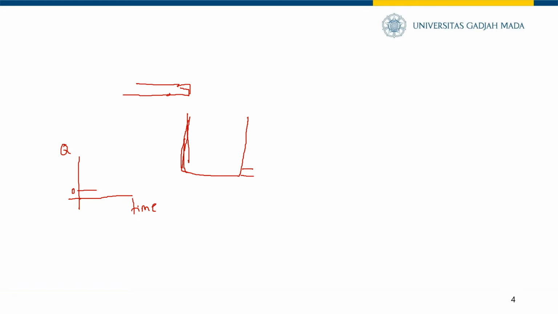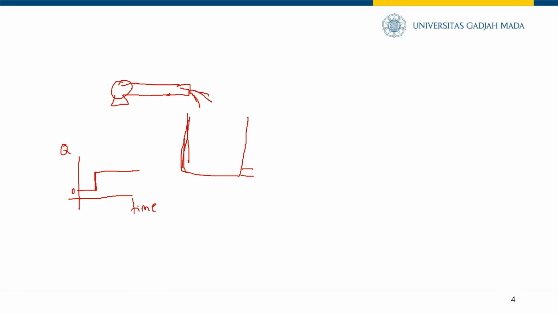It means the pump is off, and then you turn on the pump, then the input will increase suddenly.